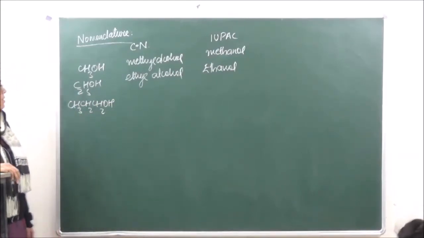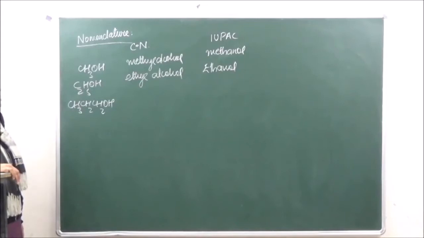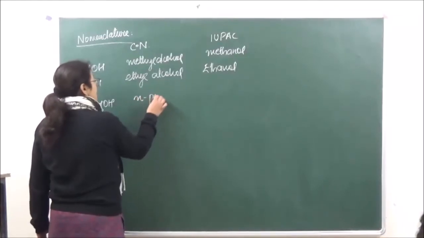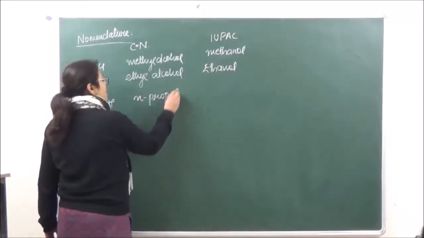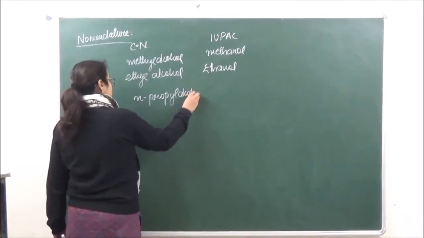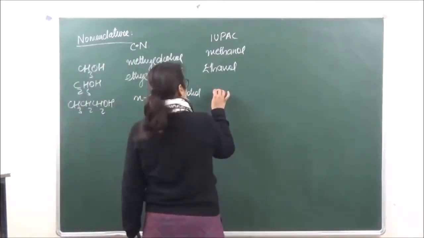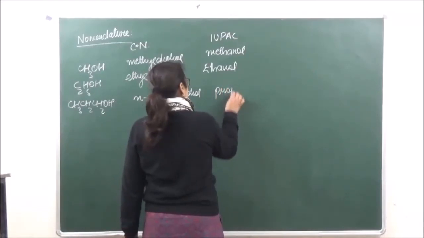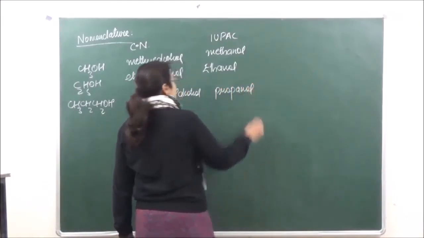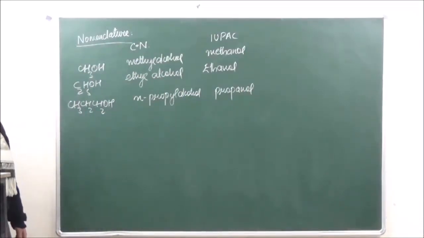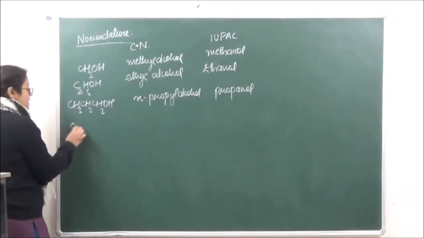For example, in this, the OH group is attached to the first carbon atom. It is a normal chain, so this is known as N-propyl alcohol, or it may be known as propanol.